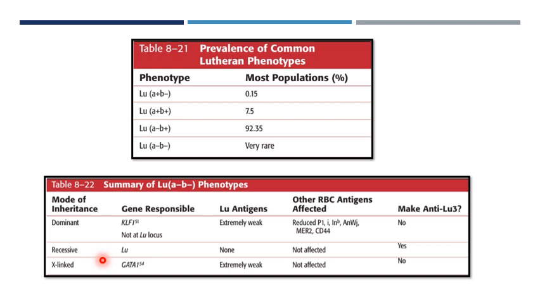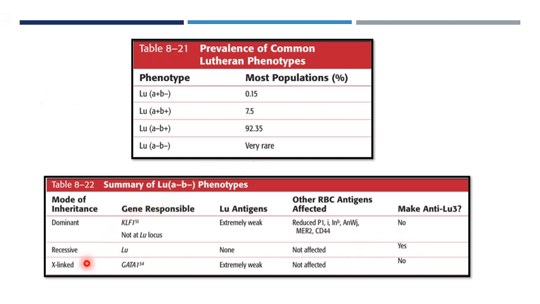The recessive type of null phenotype inherits the two silent alleles, italicized Lu-Lu. They lack all the Lutheran antigens. So since they lack all the Lutheran antigens, they make the anti-Lu3.